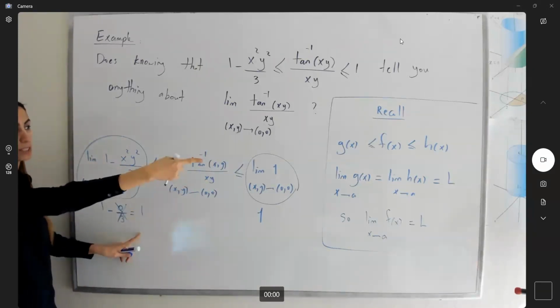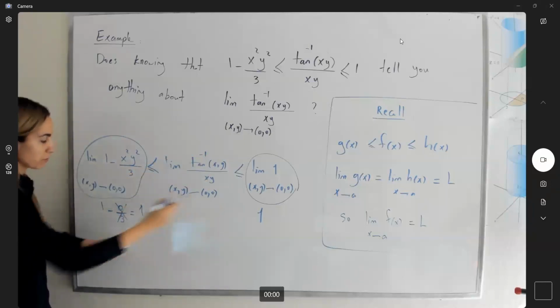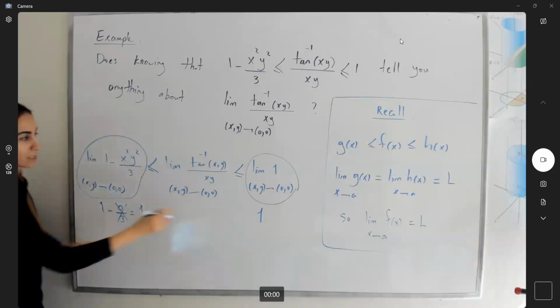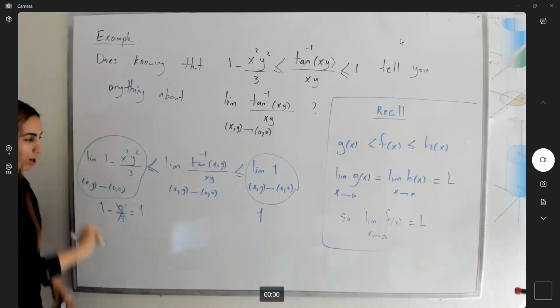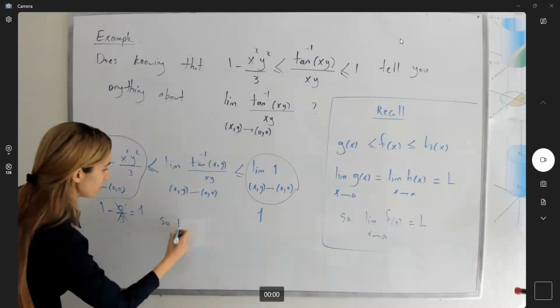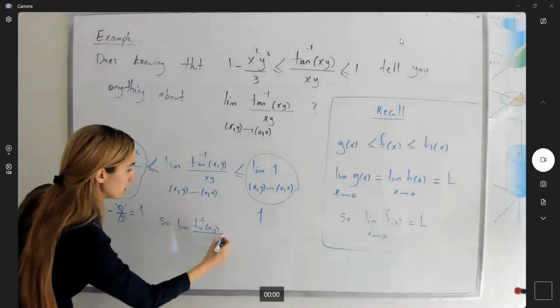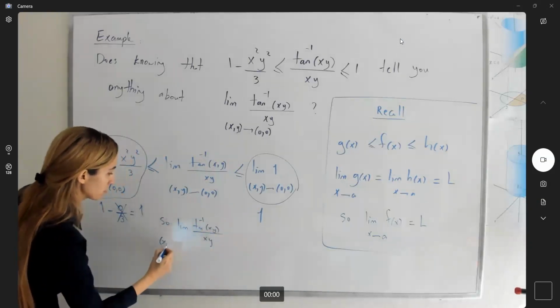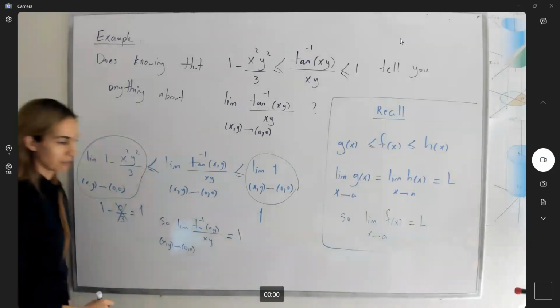So the squeeze theorem says, hey, since the limit from the left is 1 and the limit from the right is 1, the limit of the middle function must be equal to 1. So the limit of inverse tangent xy over xy as x and y go to 0 and 0 must be 1.